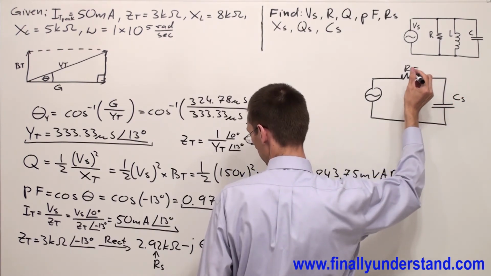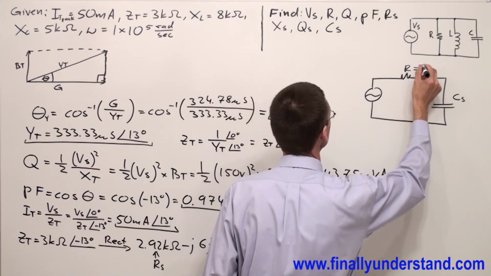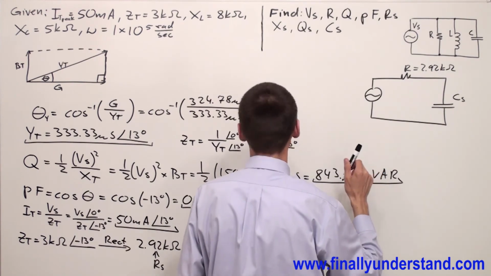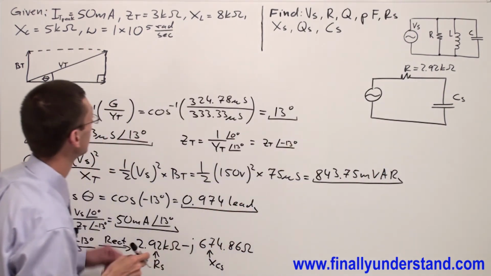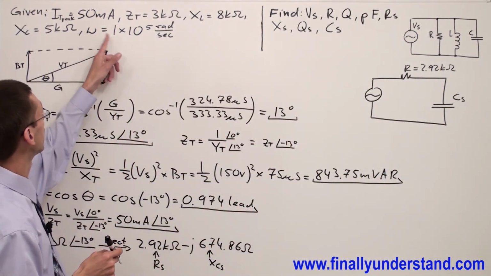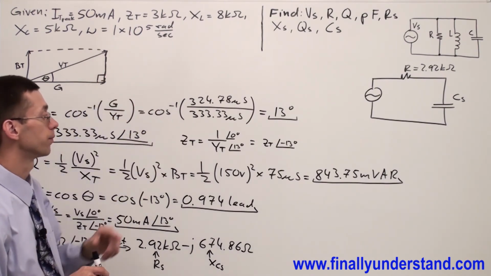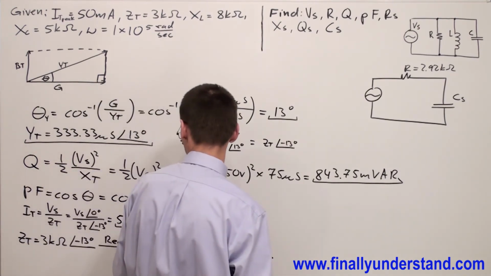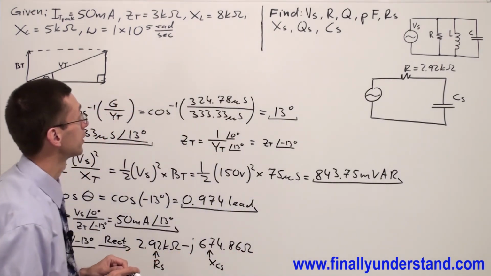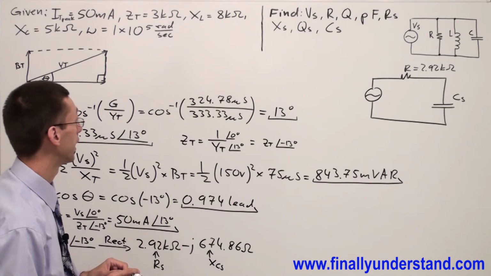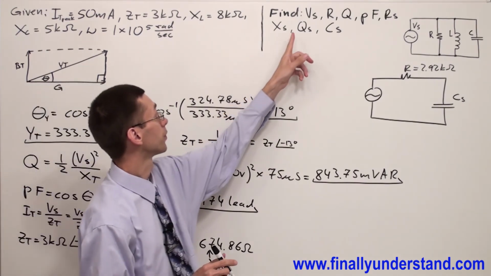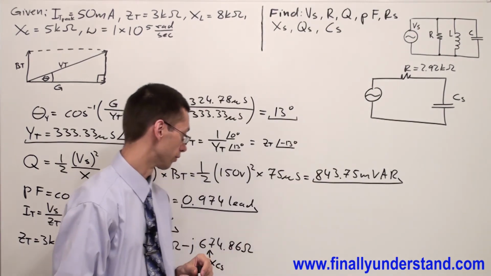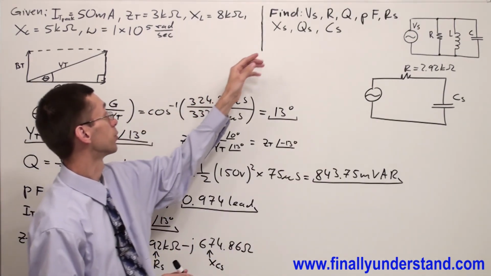Resistance has value 2.92 kilohms, and because I have given angular velocity, I can find very easily the value of the capacitance. But before I find the capacitance, I'm going to find the reactive power in my series equivalent circuit. Let me explain one more time.